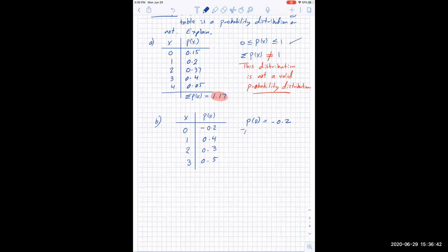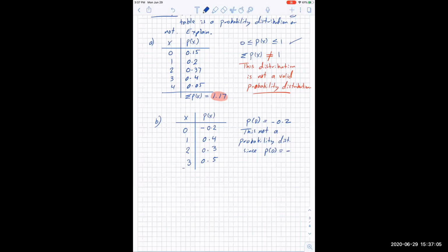So this is not a probability distribution since the probability of 0 is a negative number and a probability value cannot be negative.